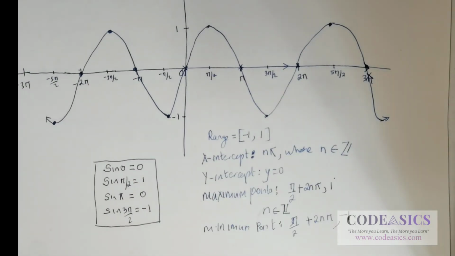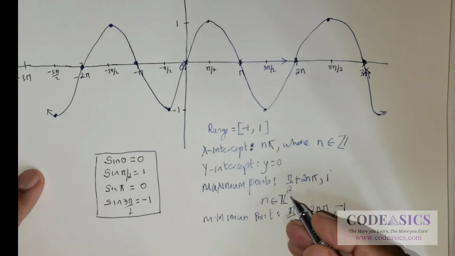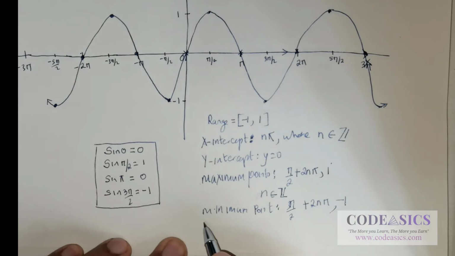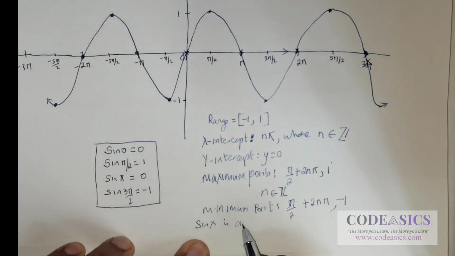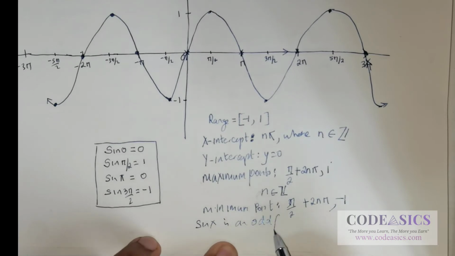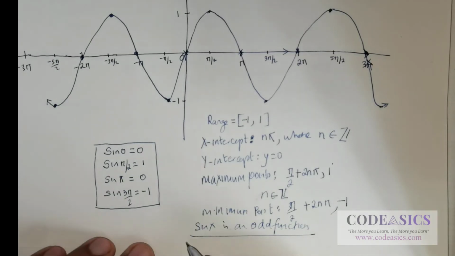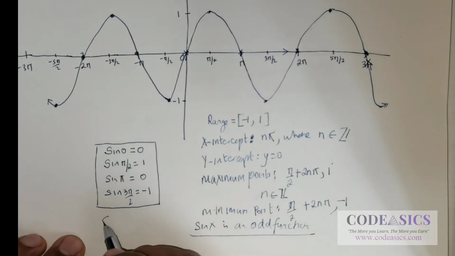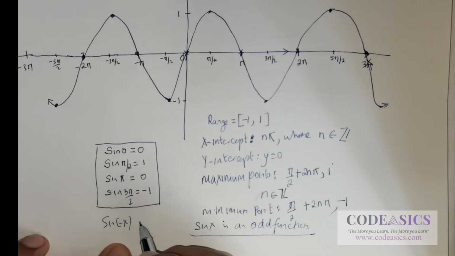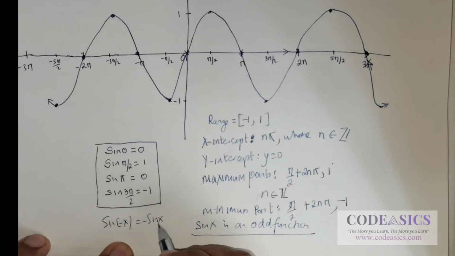So that is critical. Now another important aspect that you need to know is that sine x is an odd function. So what do you mean by odd function? It means that if I were to take sine of negative x, I would get negative sine x.